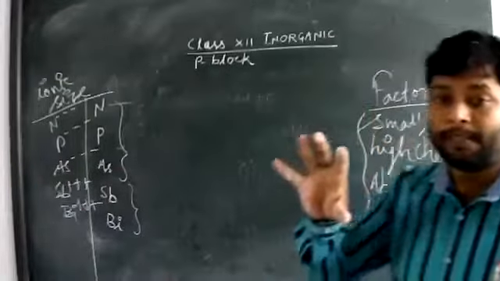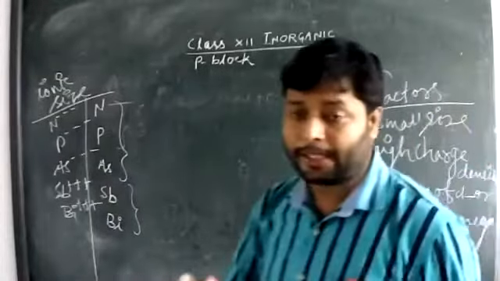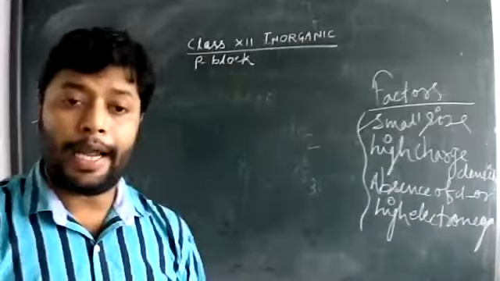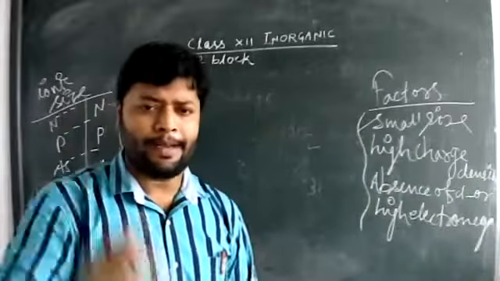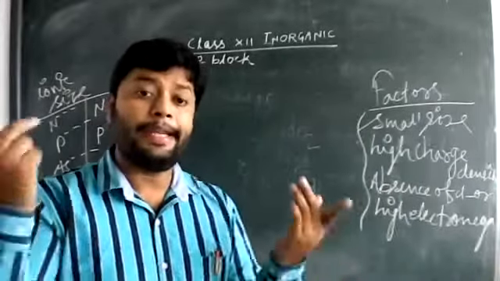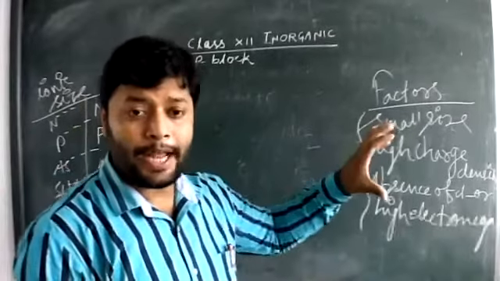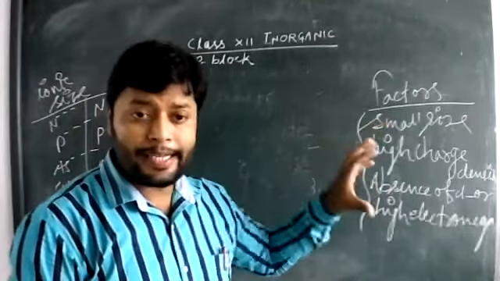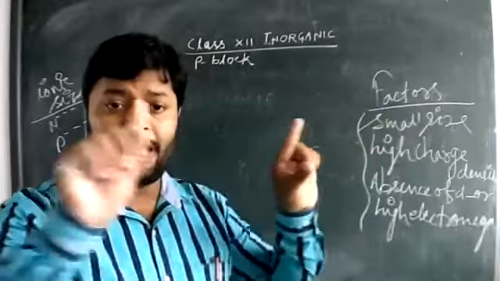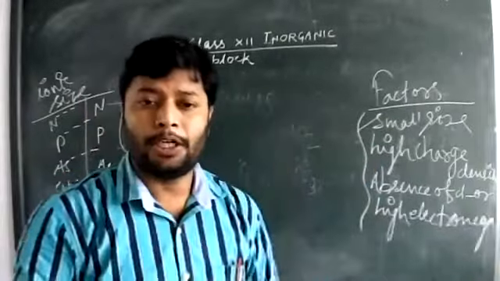There are four important factors that decide the anomalous behavior of any element from the periodic table. And these four factors generally govern the anomalous behavior of second period elements.